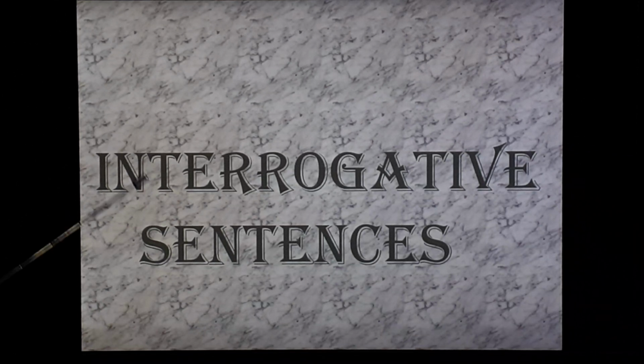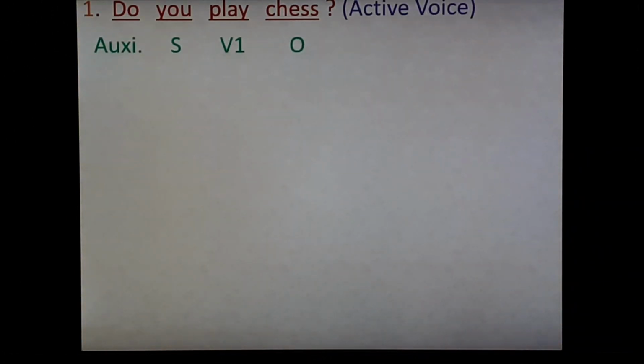Let's move to interrogative sentences. Okay, first: do you play chess? From this also you have to apply the same formula, SVO. Do is the auxiliary verb, you is the subject, play is the V1 form, chess is an object.